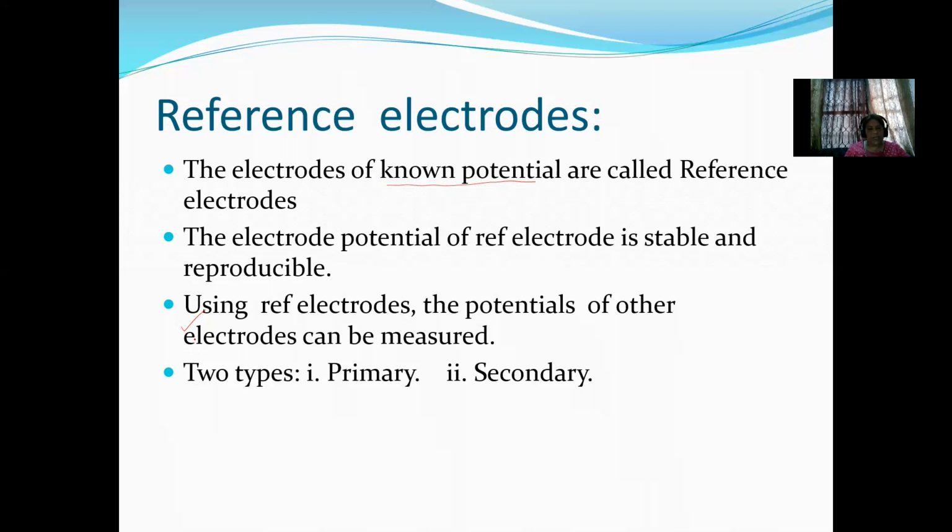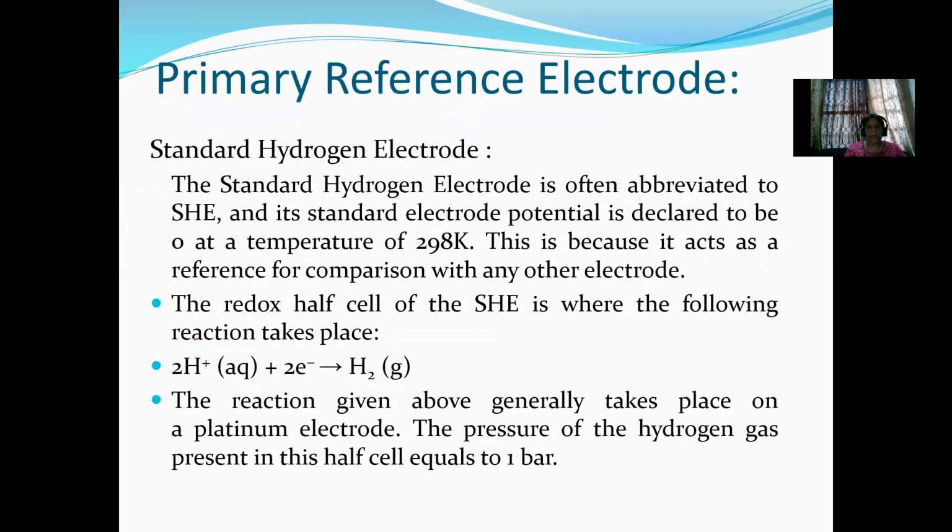Now, how many types of reference electrodes are there? There are two types: one is the primary, another is the secondary. What is the primary reference electrode? Basically, the primary reference electrode is the standard hydrogen electrode. Why is it called the primary reference electrode?